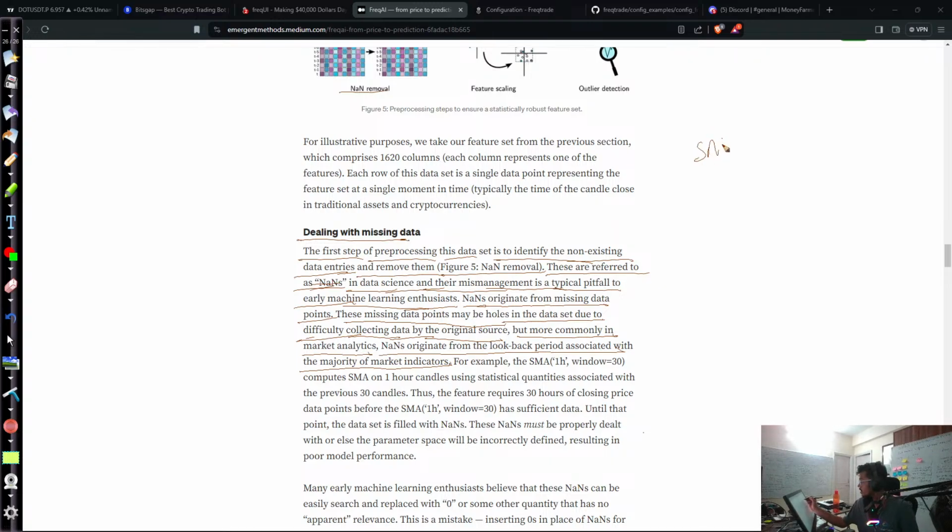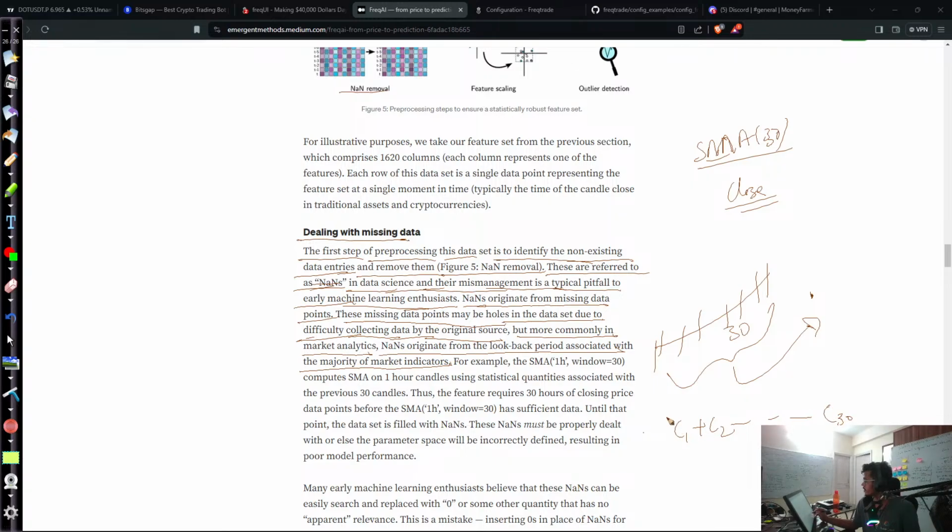If I do SMA 30 of close, what I'm saying is I want the last 30 close prices to make one SMA. So I'll get the last 30 close prices, sum them up till 30, and then divide by 30. That's your average price.